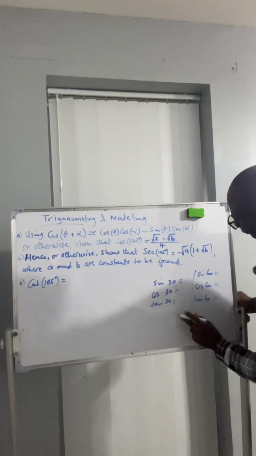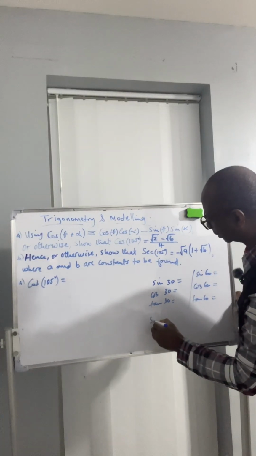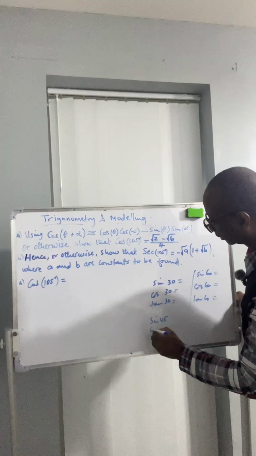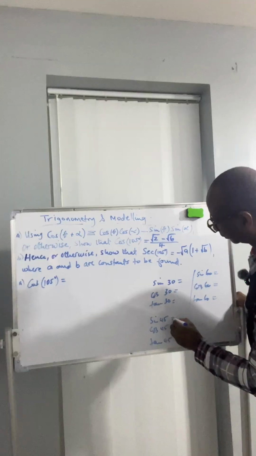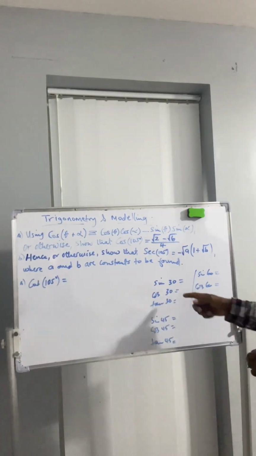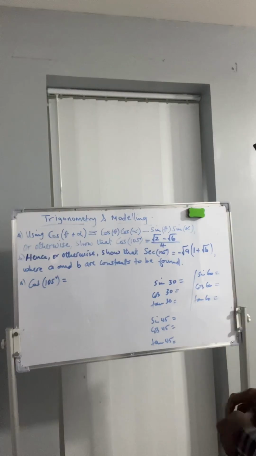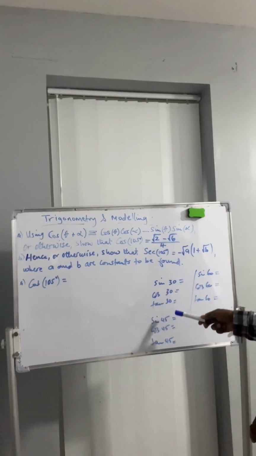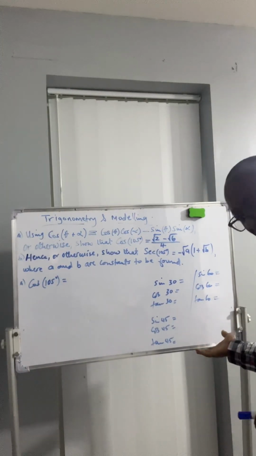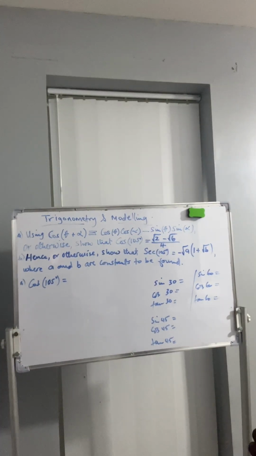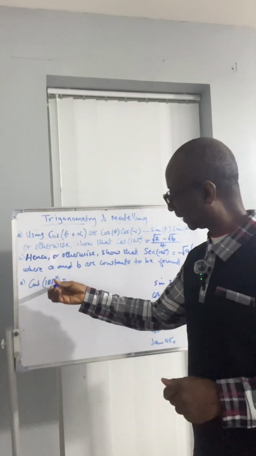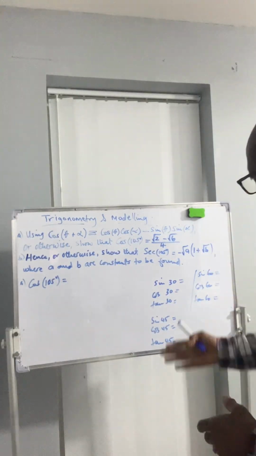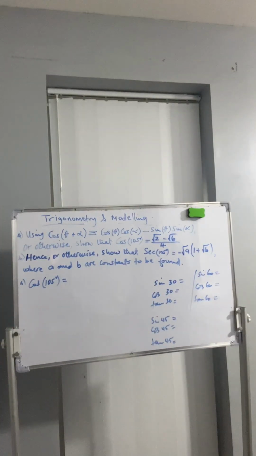And then you have sine of 45 degrees, cosine of 45 degrees, tangent of 45 degrees. You are familiar with these identities: 30, 45, 60, of course 90. So whenever you are given something like this, always try to break down this number into these numbers you have here, to see what will fit.